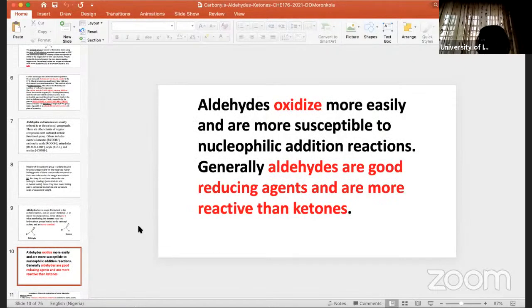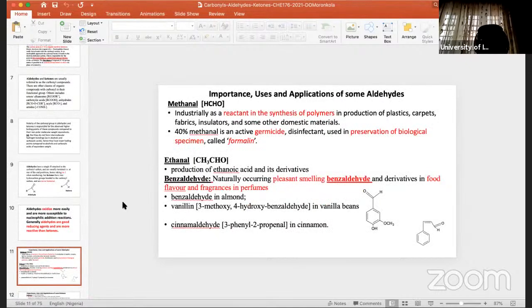Let me quickly say here that when you compare the two, aldehydes are generally more reactive, more susceptible to that nucleophilic addition reaction which the carbonyls are noted to undergo. In other words, aldehydes are better reducing agents when you compare them in terms of reactivity to ketones. We will see more of this later.